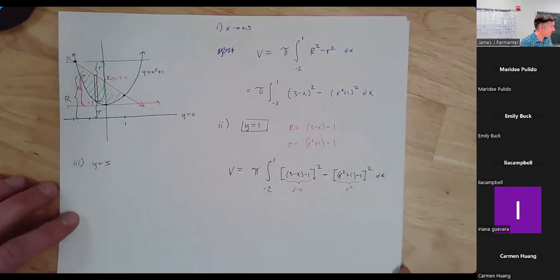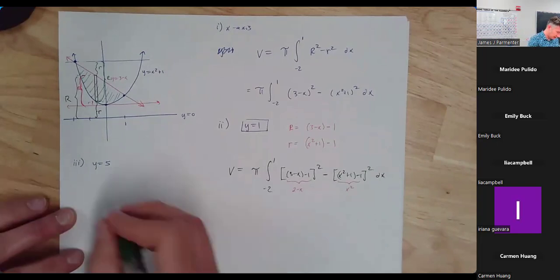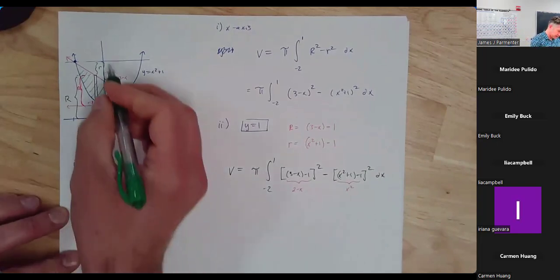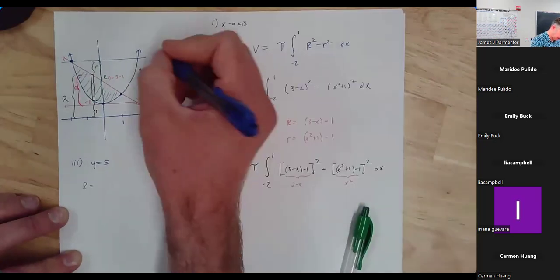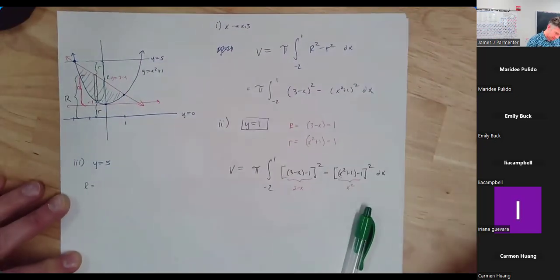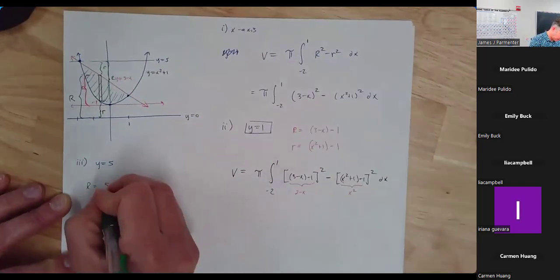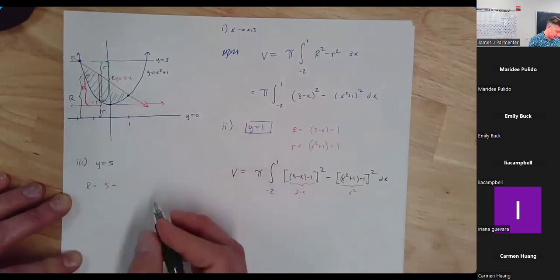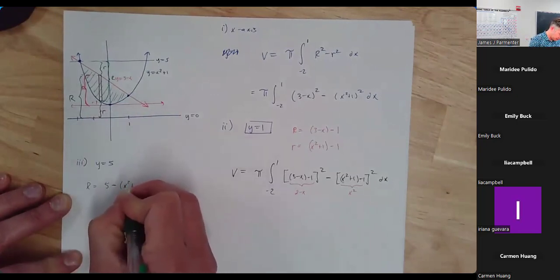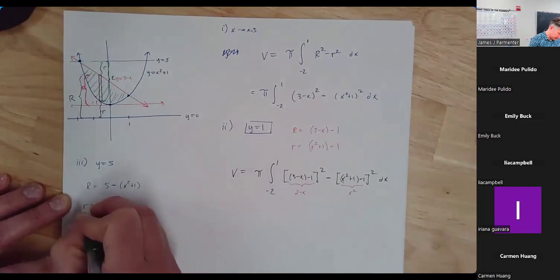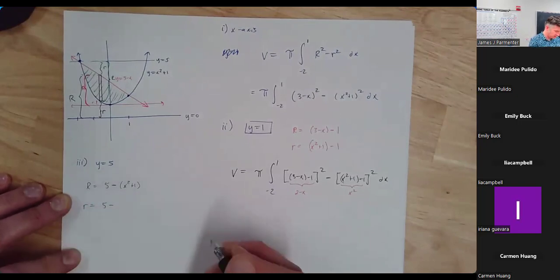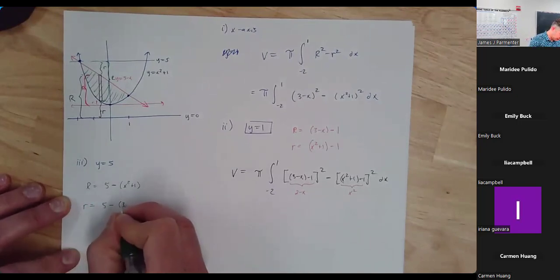We do want to do top minus bottom. So my outer radius is y equals 5 minus my further away function, which is x squared plus 1. And my inner radius is y equals 5 minus my closer function, which is 3 minus x.